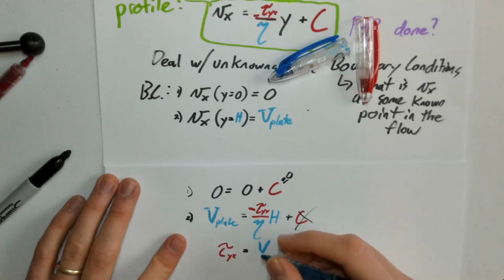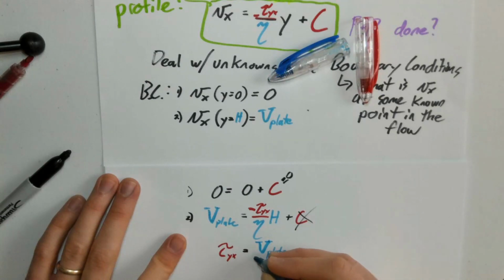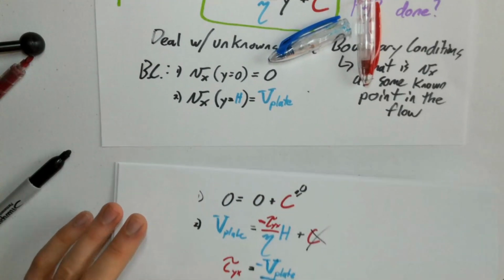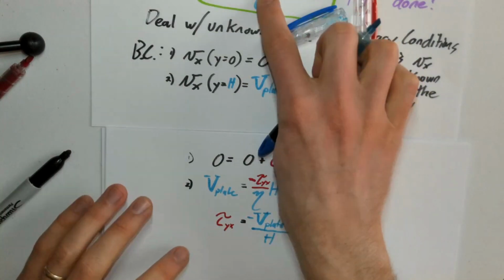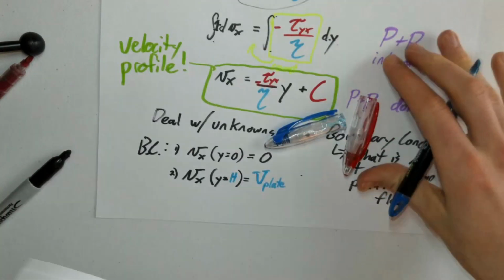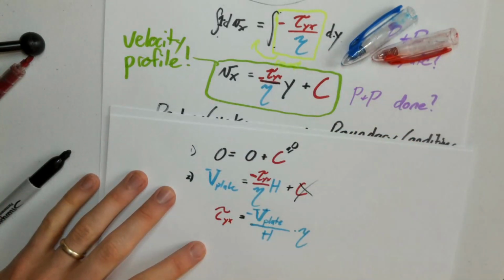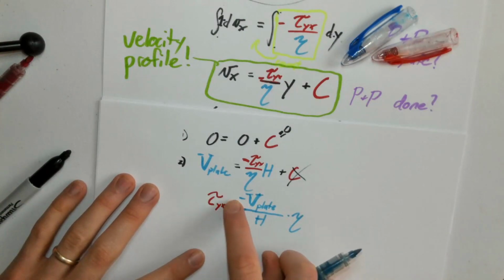So we get V plate over h times eta and a minus sign. So what does this mean? We now have all of the information we need to work out a couple of things. One is we have all the information we need to figure out this velocity profile. And the second thing is we now have all of the information we need to figure out shear stress.